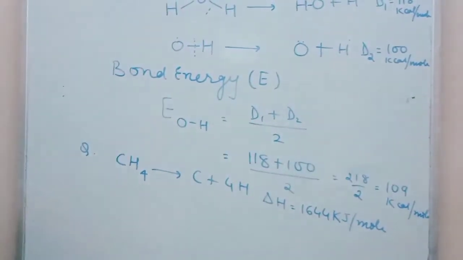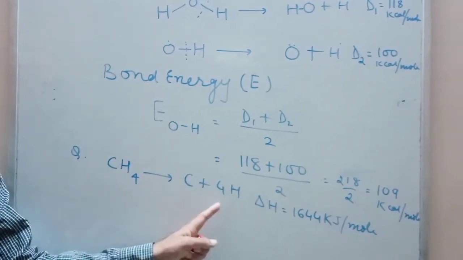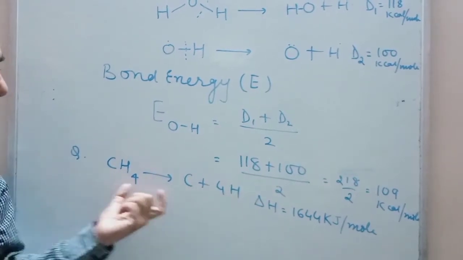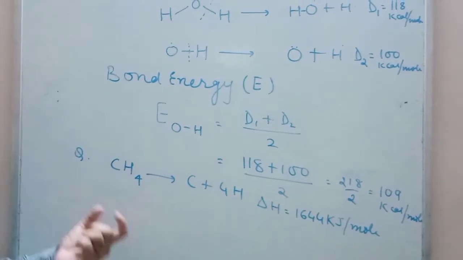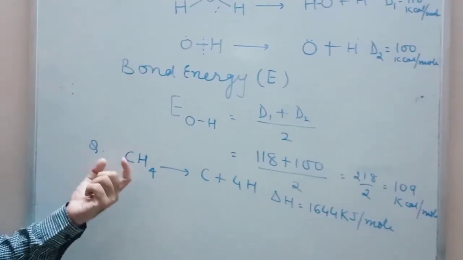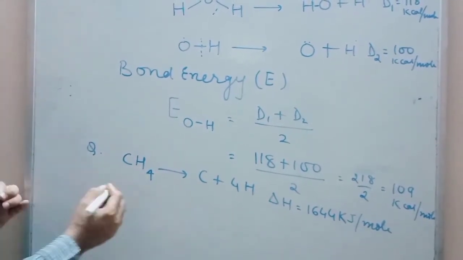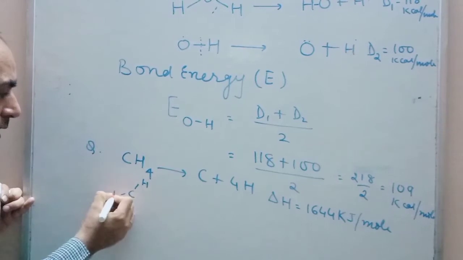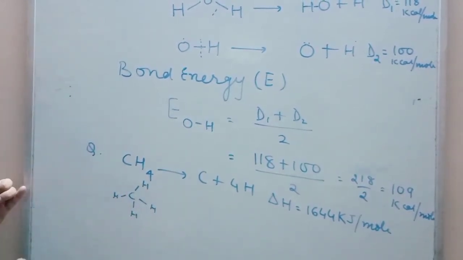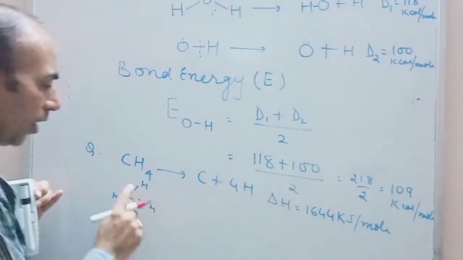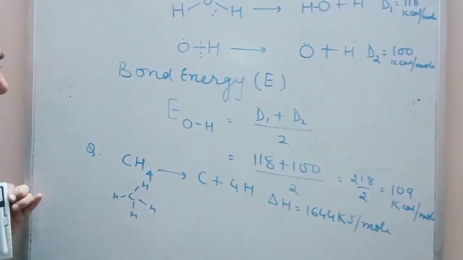Suppose this question is given to us: a methane molecule is breaking down to carbon and 4 hydrogen atoms, and the enthalpy change of this reaction is 1644 kilojoule per mole, and we are asked to find the bond energy of the CH bond. We know that in methane there are 4 carbon-hydrogen bonds, and this is the energy required to break all the 4 bonds.